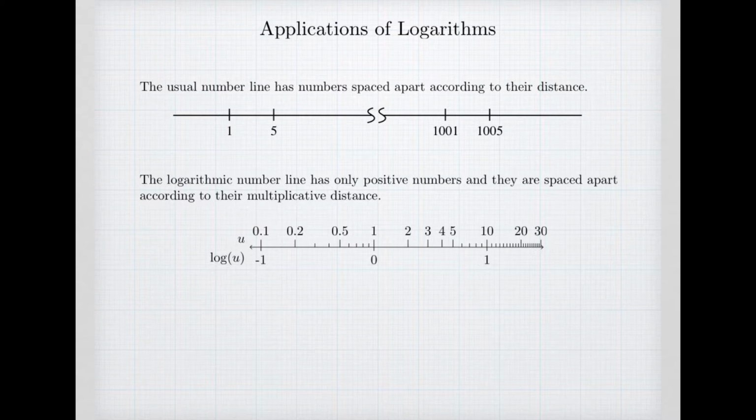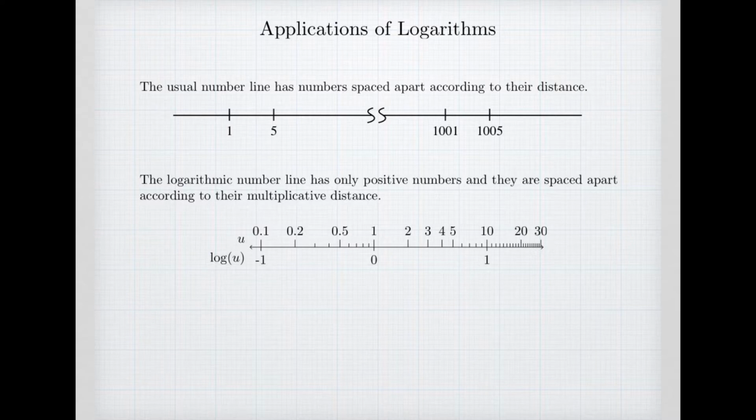A logarithmic number line, first of all, only has positive numbers because we're taking powers of a base, and they're spaced according to their multiplicative distance. What I mean by that is the space between 1 and 3, that space of 3, is the same as the space between any other two numbers that are multiplied 3 apart.